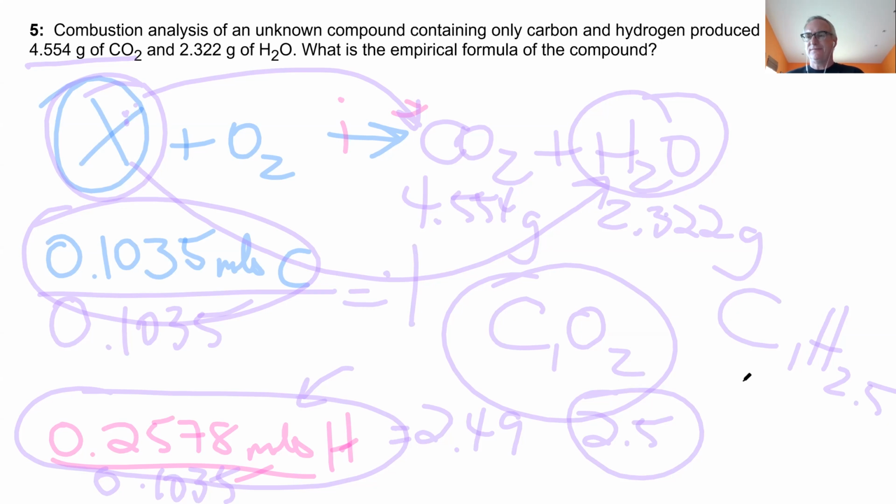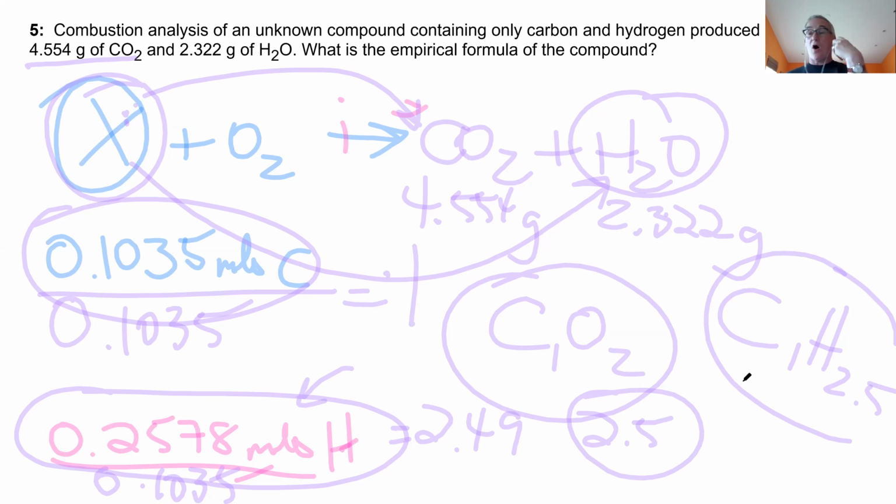But I can't have 2.5 atoms of hydrogen in a compound. So what would you do if you had that? You would need to multiply it by 2. Exactly, because that's the same ratio.